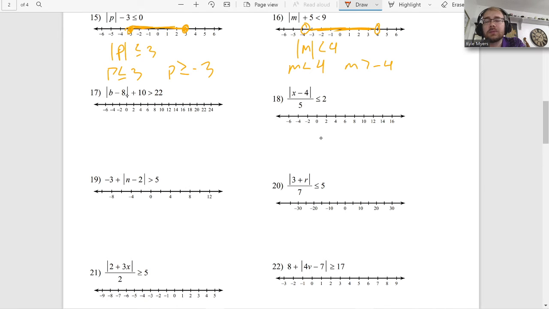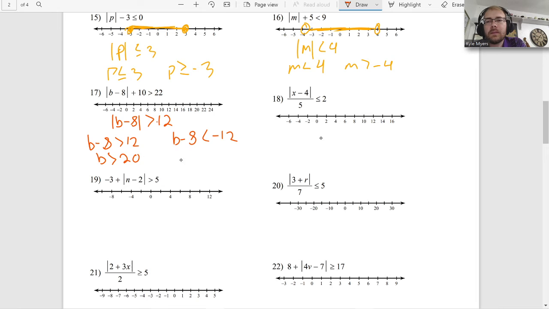So let's see here. We'd have to subtract 10 on both sides. So b minus 8. Subtract 10 on both sides. So that would be greater than 12. All right, subtract 10. Then we split it. So keep it the same. And then we have keep, change, flip. All right, we want to add 8 to both sides.